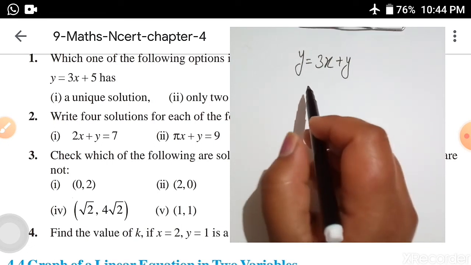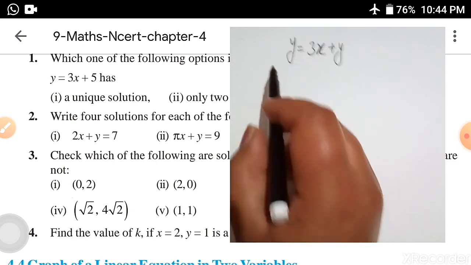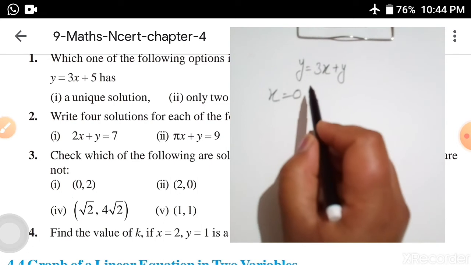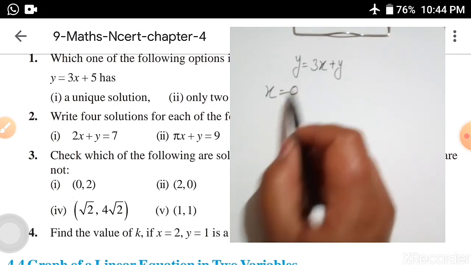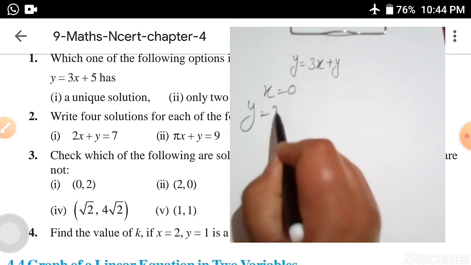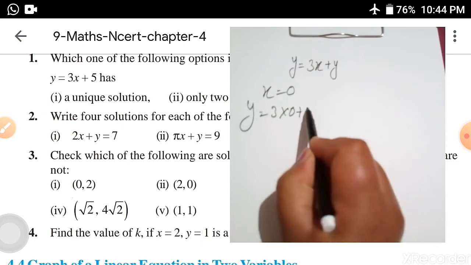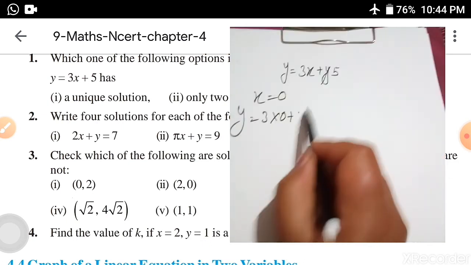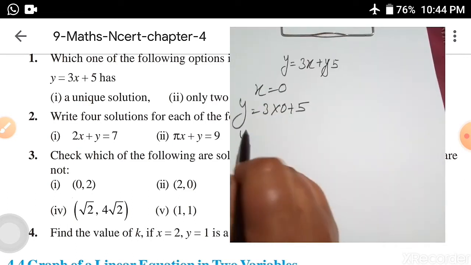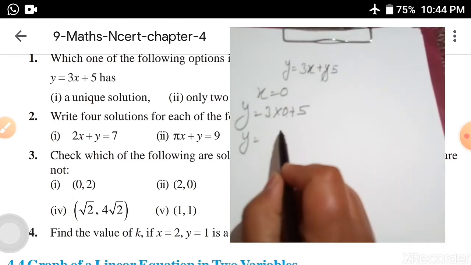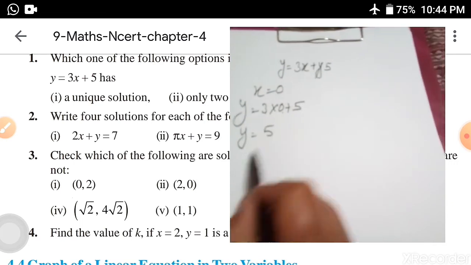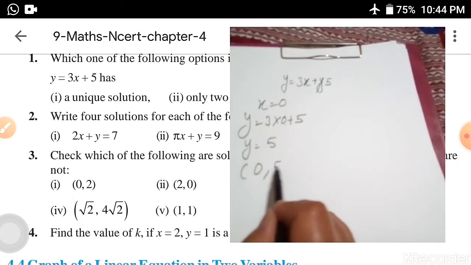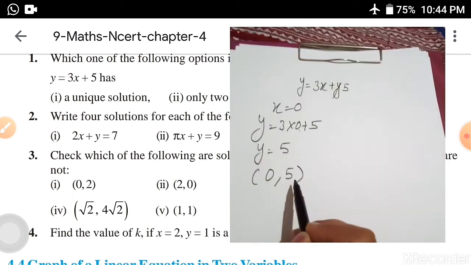If we put different values of x, like x equal to 0, then y is equal to 3 into 0 plus 5, so y is equal to 0 plus 5, which is 5. That means when the value of x is 0, the value of y is 5.